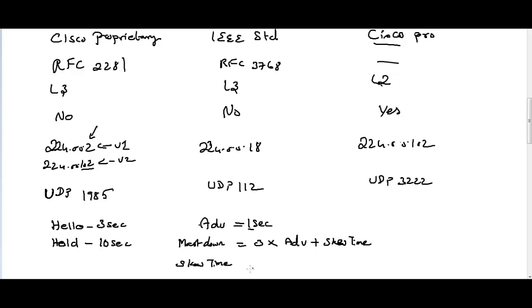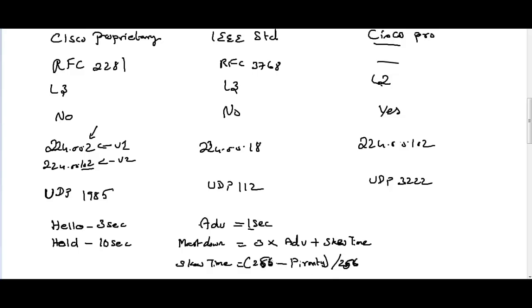The skew time is nothing but 256 minus the priority, and the default priority is 100. That's the algorithm, that's how it is designed. Skew time is 256 minus the priority, divided by 256.